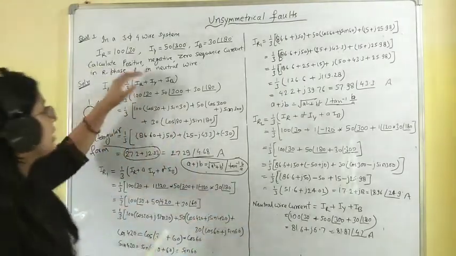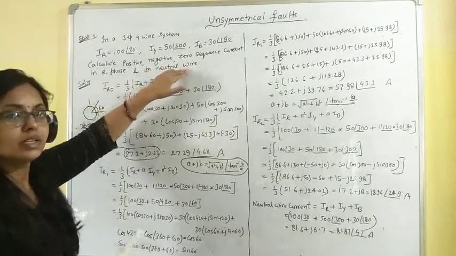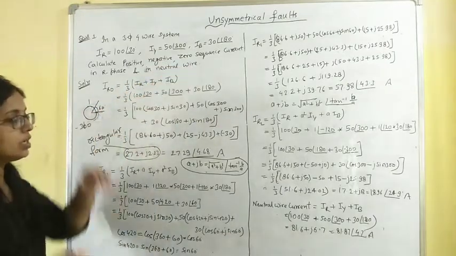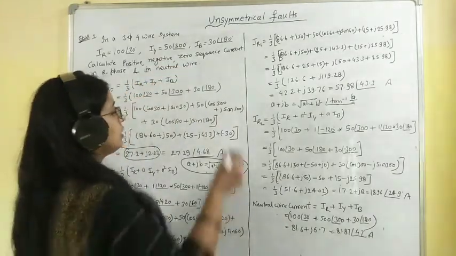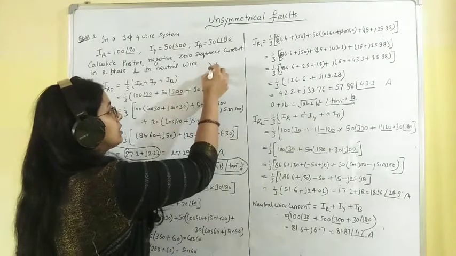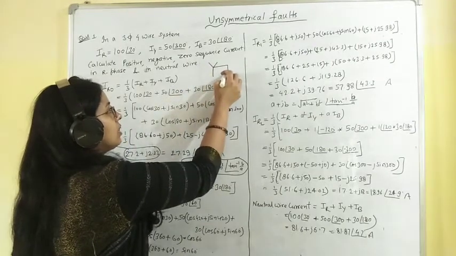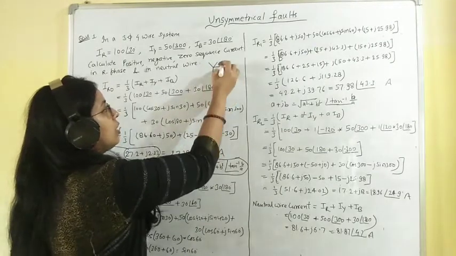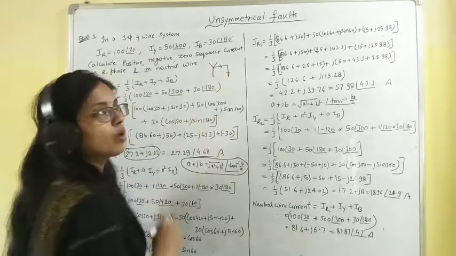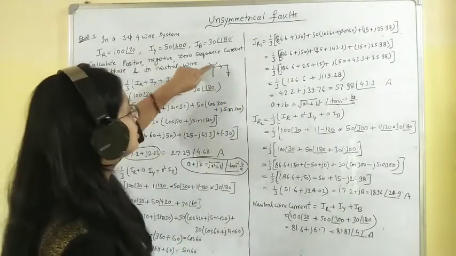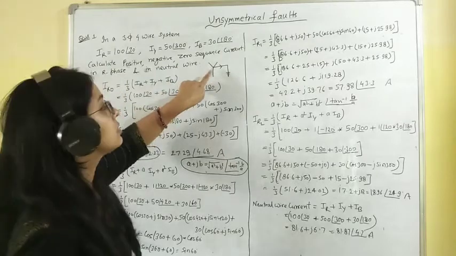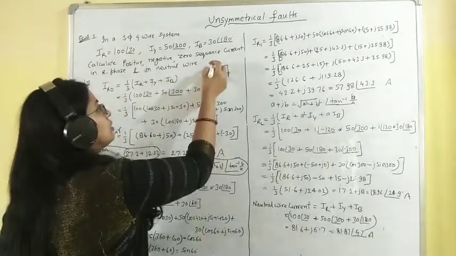Next we have to calculate the current in the neutral wire. As we know, if there is a star connection like this and there is a ground or neutral point, the current in the neutral point is the sum of the three line currents.